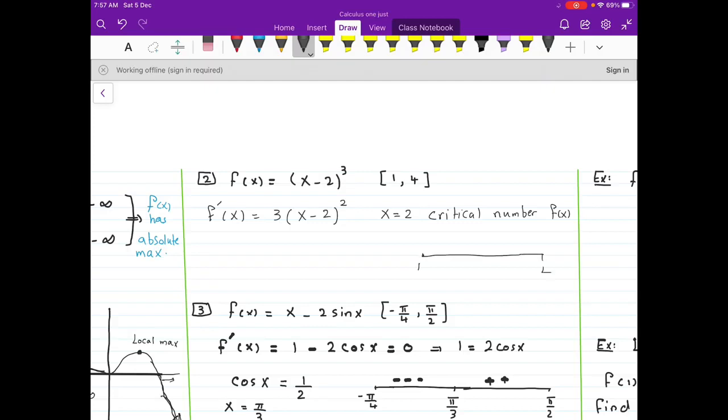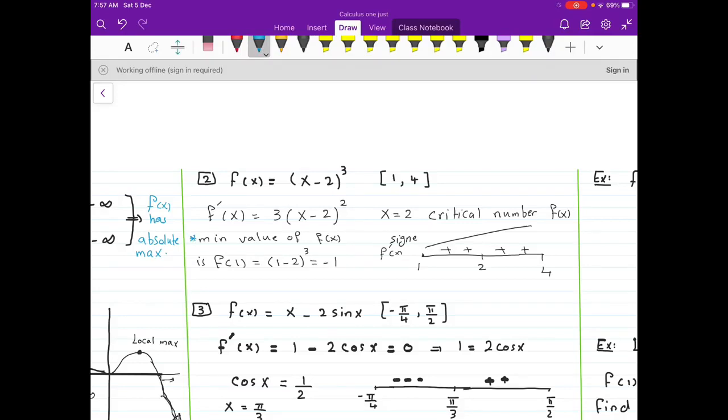The critical point 2 is between 1 and 4. Obviously the sign of f prime is always positive, so the function is increasing. So the minimum value of f of x is f of 1, and f of 1 equals (1 minus 2) to the power 3, which equals minus 1.